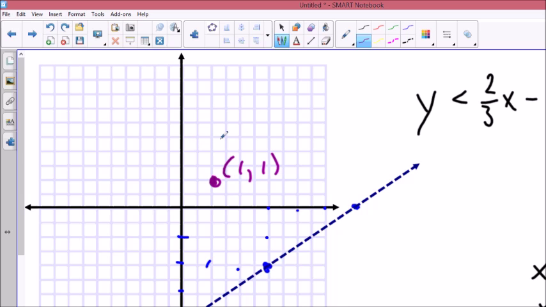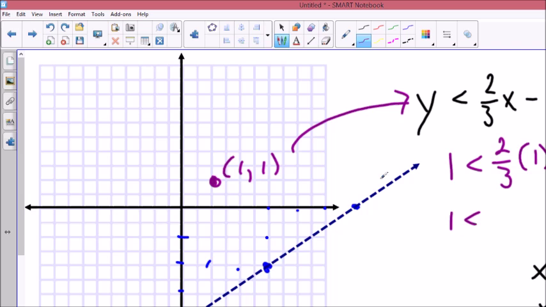And I'm going to check whether or not it satisfies the inequality that we started with. So if I plug in 1 for y and 1 for x, I have to determine whether this is a true statement or a false statement. Okay, this says 1 is less than something that's negative: 2/3 minus 12/3. Positive 1 is not less than anything that's negative.